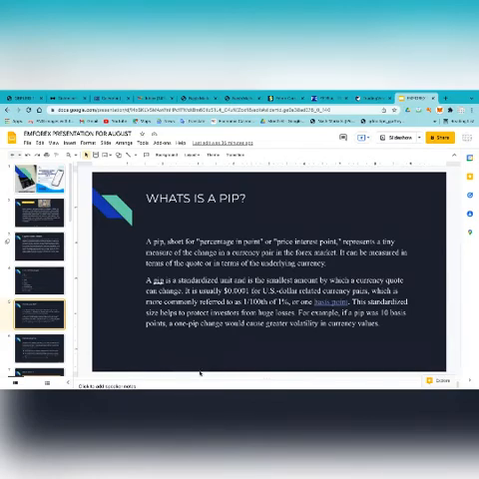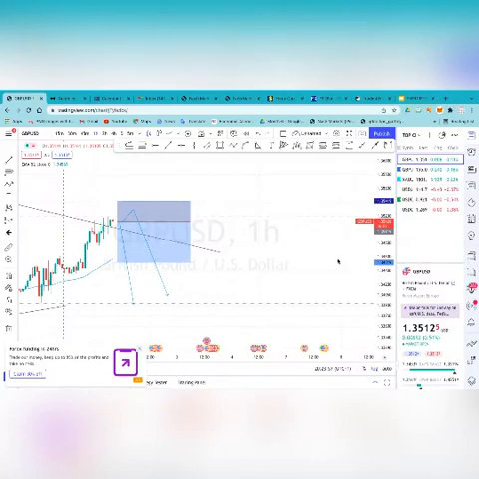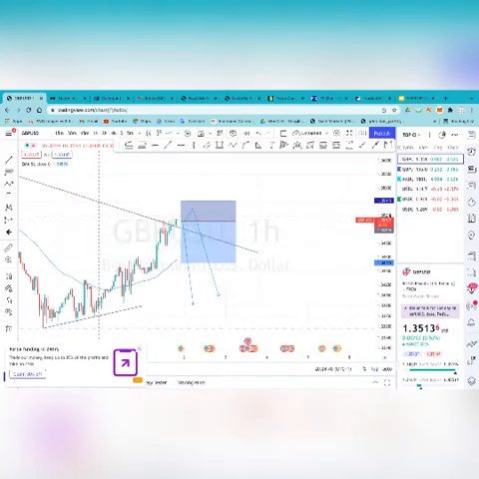Now, I can see in most cases some people get this kind of confused. I want to show you guys something. Look at the right hand side of my screen. Look at this part where my cursor is. You see the quote price of GBP against the dollar.